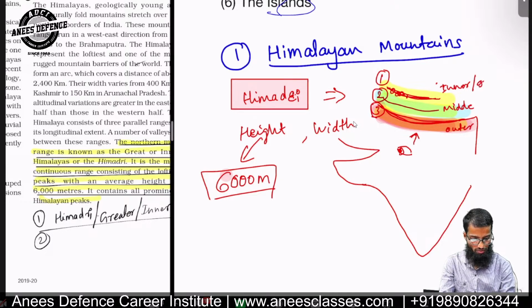So this can also be called as great, lesser, and outer or Shivalik. This is Himadri. This is Himachal. Okay. And these are what? Shivalik. So remember that. So we are just talking about the first range. This range. Okay.